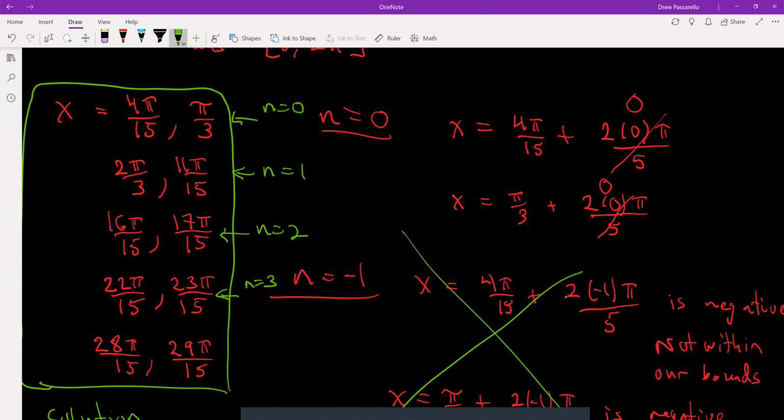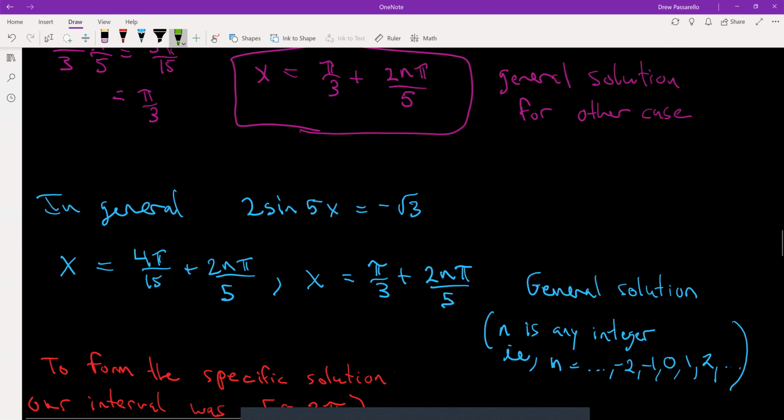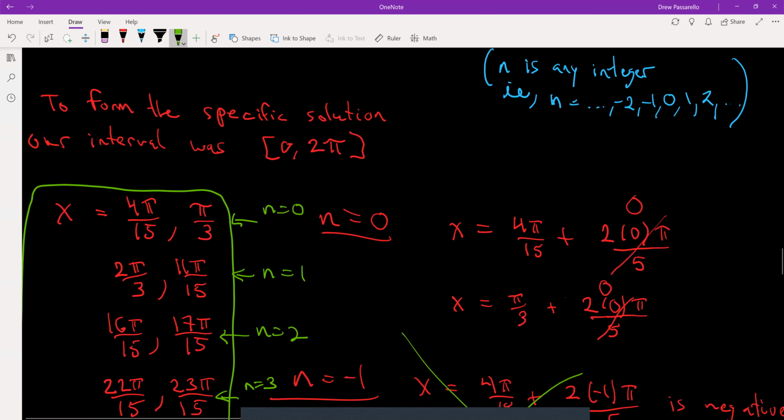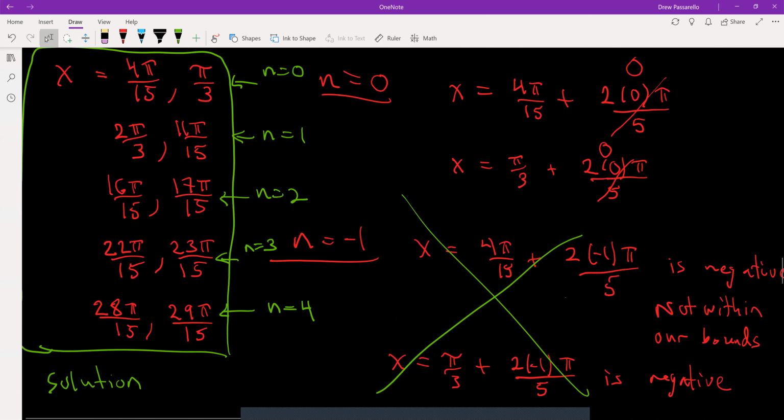That was using 3. And that was using 4. So I had to first find the general solution, because from there I can pick the different values for n to plug in so that I can get the answers to be within our certain boundaries between 0 and 2 pi.